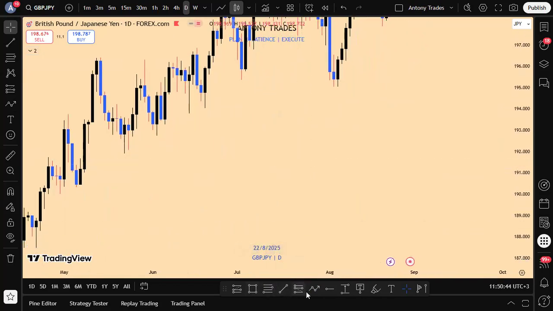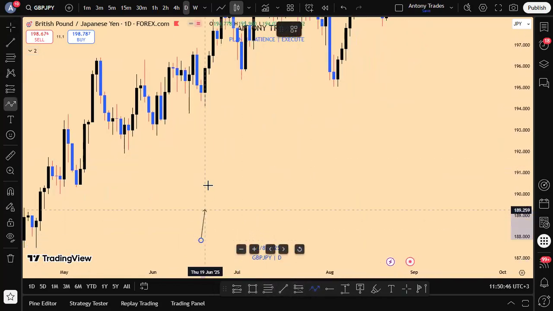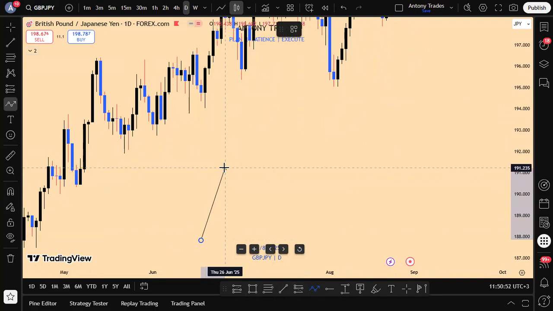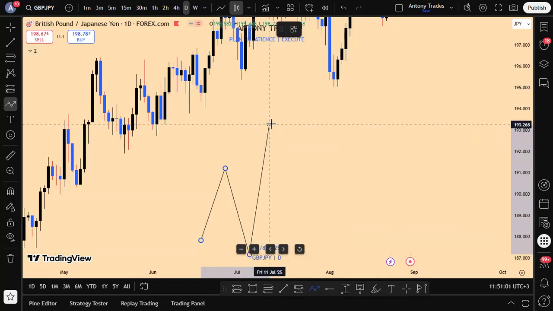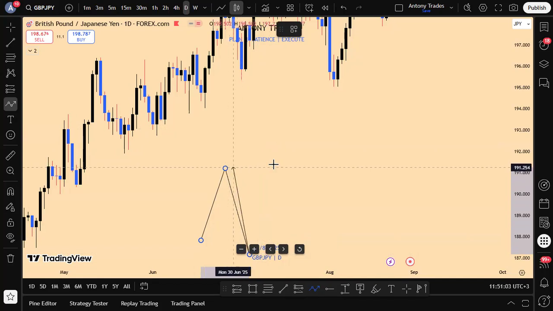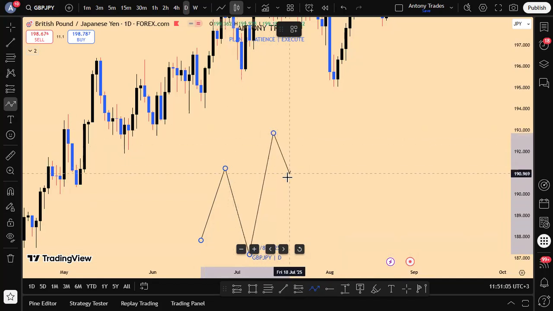So for me, this is how I identify a break of structure. But I will make a video with details on how I identify a valid break of structure, because this is what I want to see. I want to see liquidity grabbed, then the market goes to the upside and breaks the structure like this.